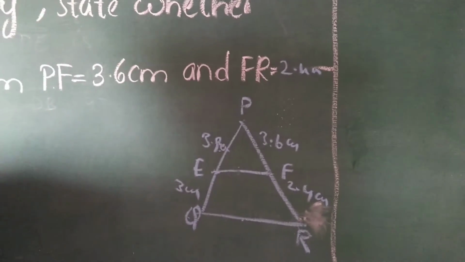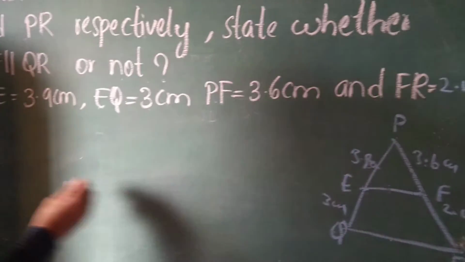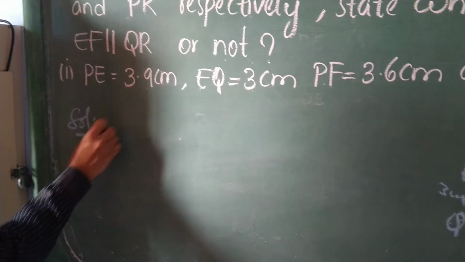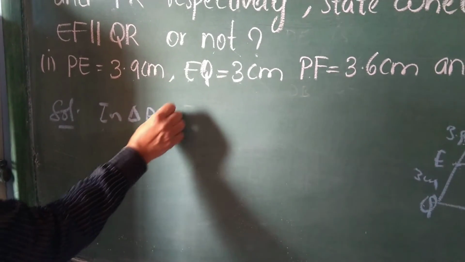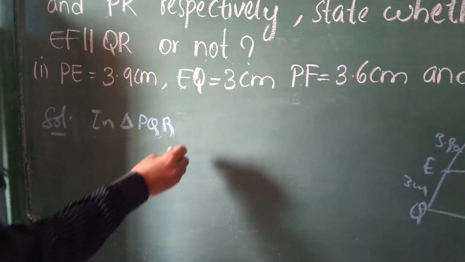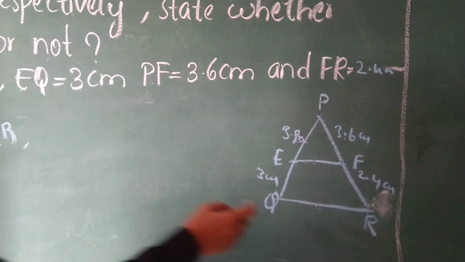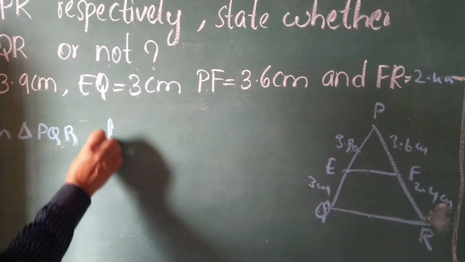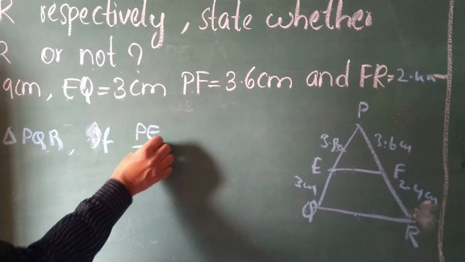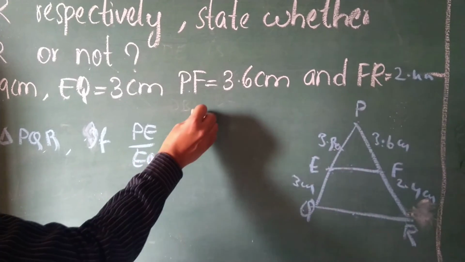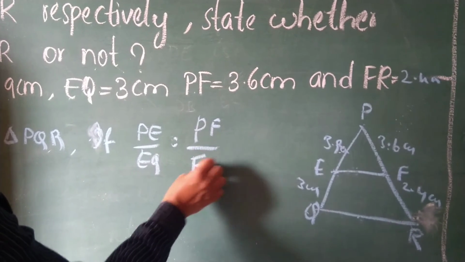Solution: in triangle PQR, EF is parallel to QR if PE by EQ is equal to PF by FR.